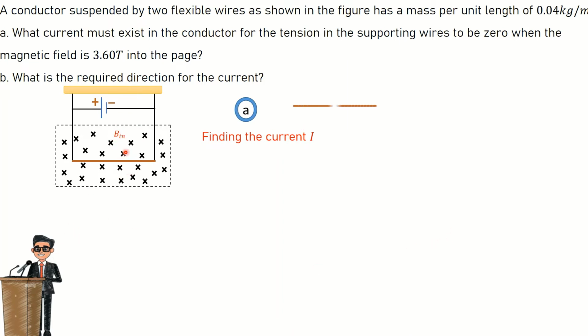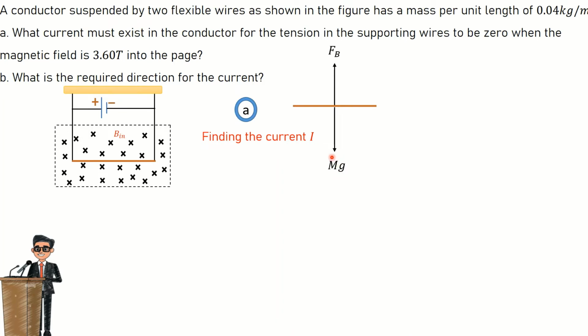If I take my conductor, it has a mass, therefore the weight is going to be acting downward. I suppose the mass to be m, so the weight is mass times acceleration due to gravity. Now since the magnetic field is pointing into the page, I'm going to have a magnetic force that is opposing the weight.